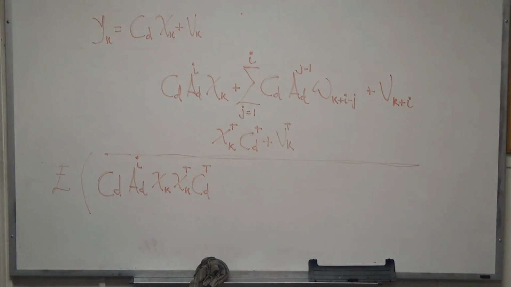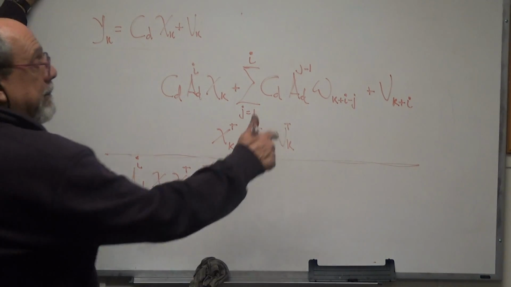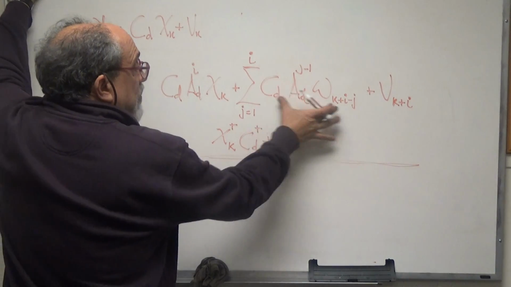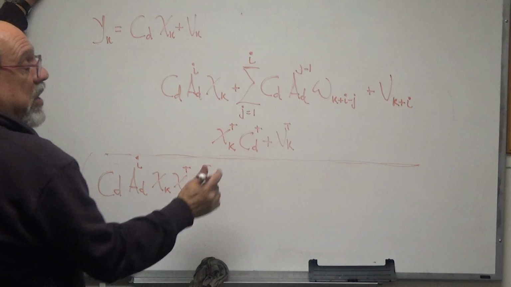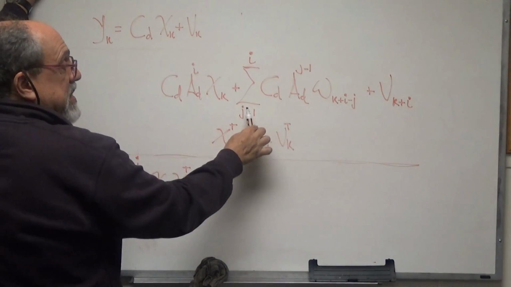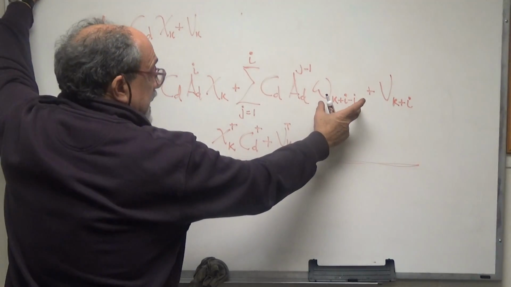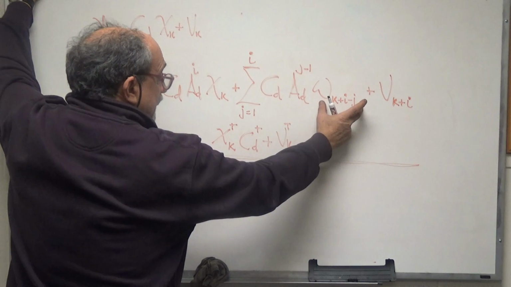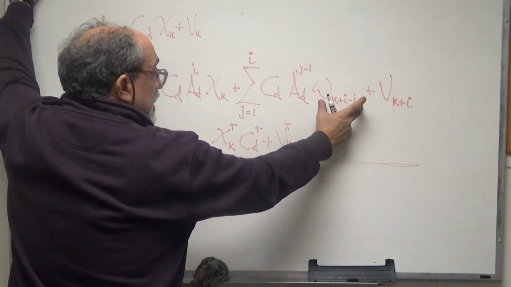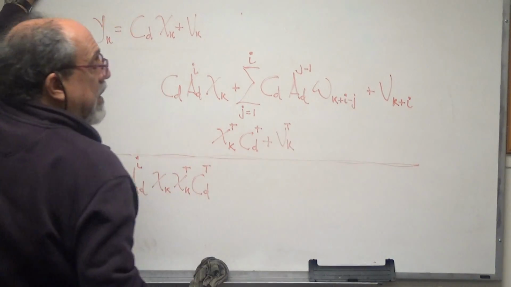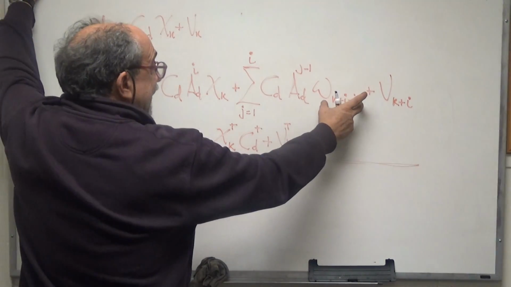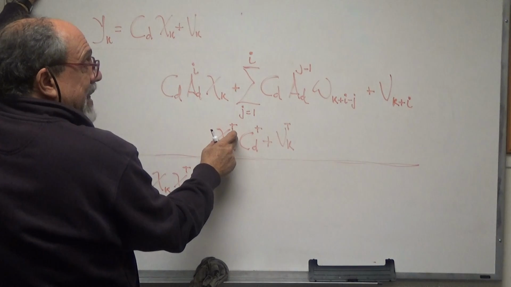Now we go with the second term, which is all of these guys multiplied times the first one here. If we look at the indices, WK plus I minus J is always at or ahead of this.